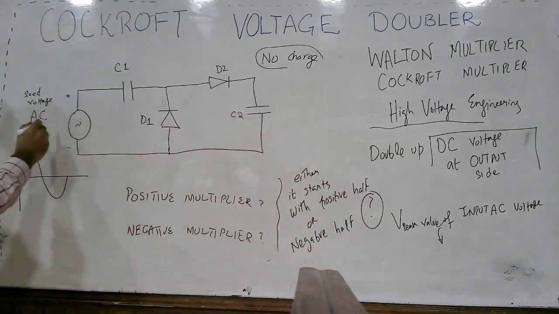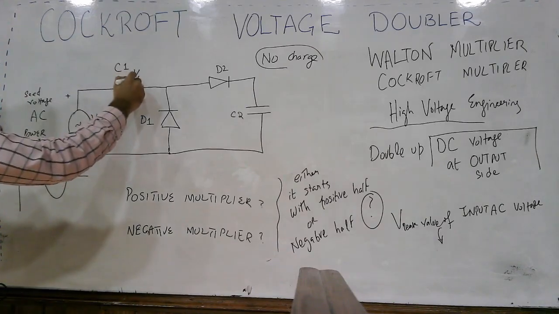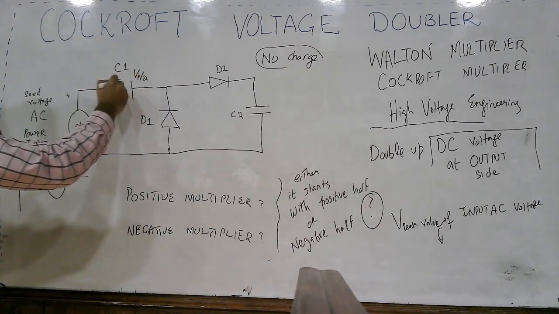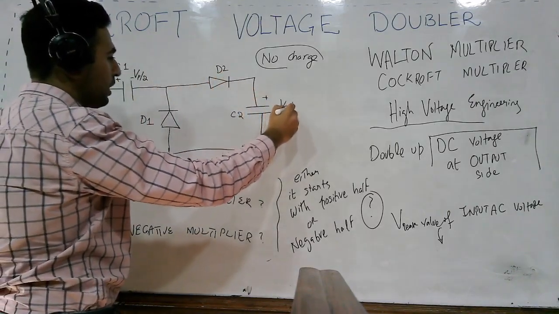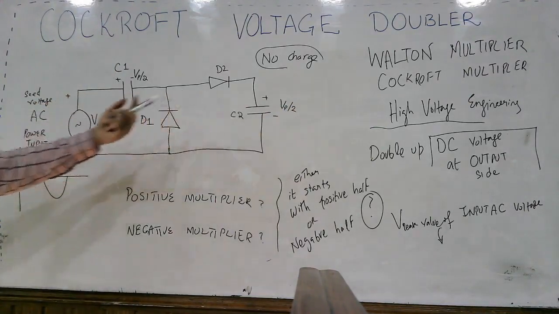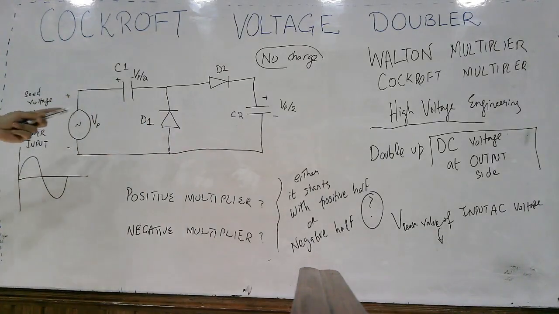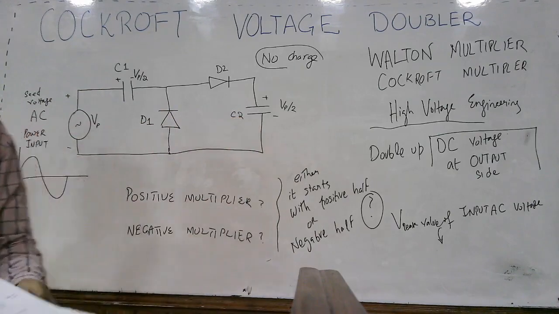So if the peak voltage is Vp, the voltage here will be Vp by 2, and here it will also be plus minus Vp by 2. But this is not useful, because the voltage developed here is only half, it is not twice the voltage.